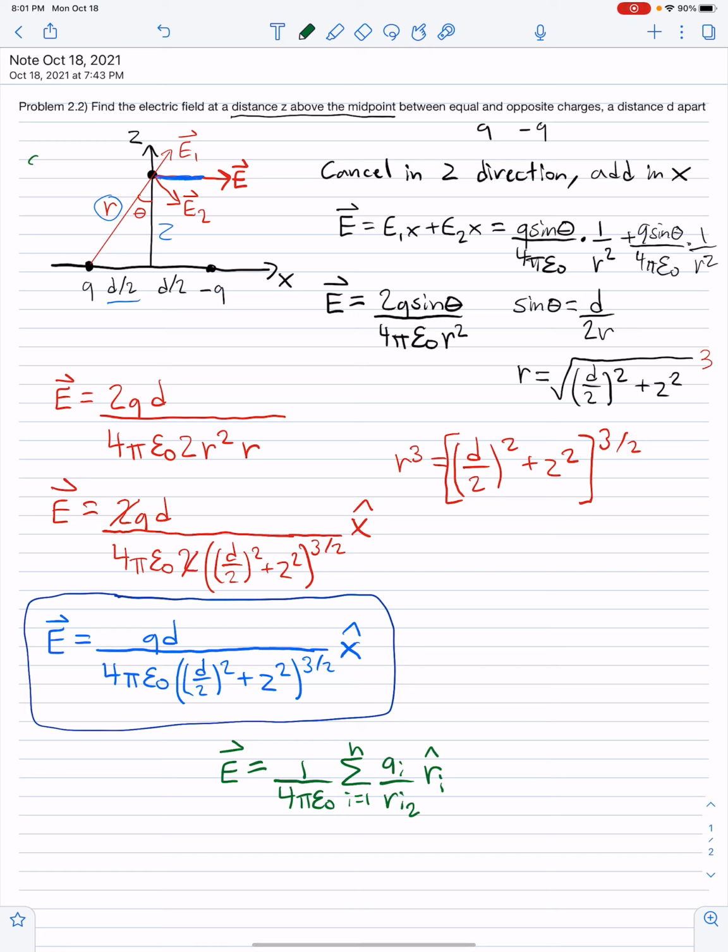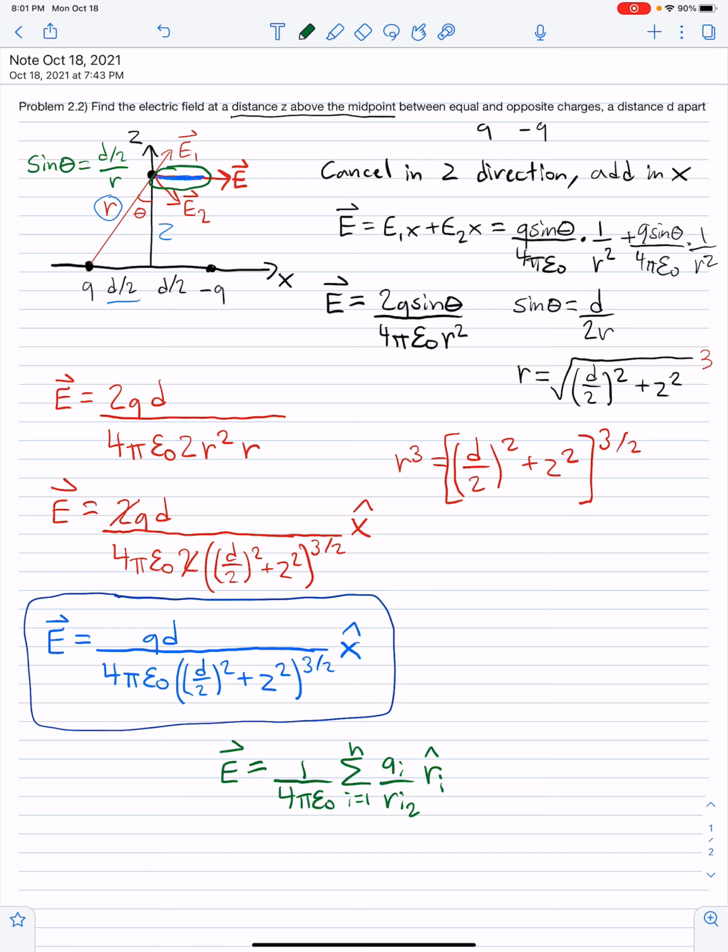Our r hat vector is basically coming from this x direction being sine theta, because sine theta is equal to opposite over hypotenuse. So it's d divided by 2 over r. That's why I was able to, because we're looking at this part here.